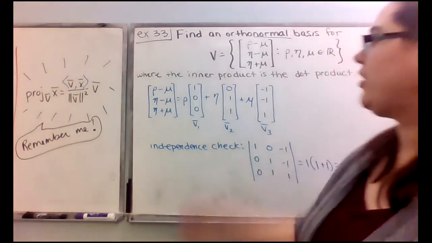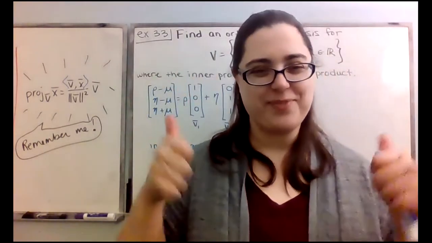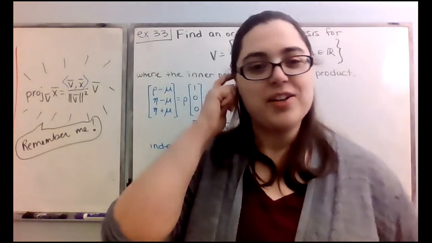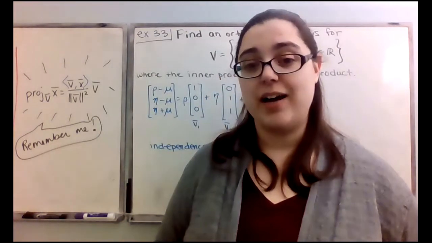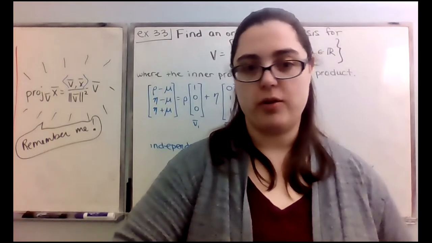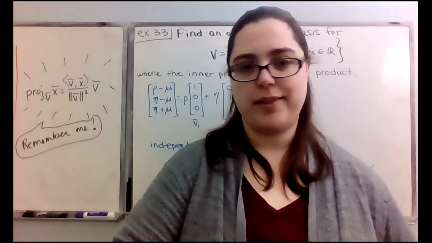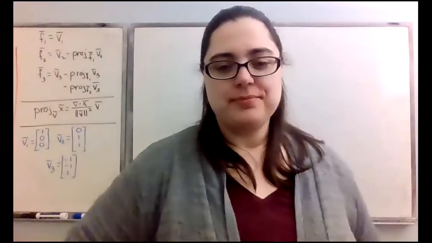So in order to find our orthonormal basis, our first piece is to get a basis, which we have found, huzzah. So next, we're going to apply the Gram-Schmidt process to help us find an orthonormal basis. So I'm going to give myself some room here, and then we will start in on the Gram-Schmidt process.